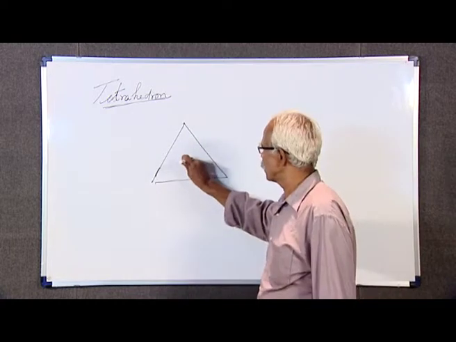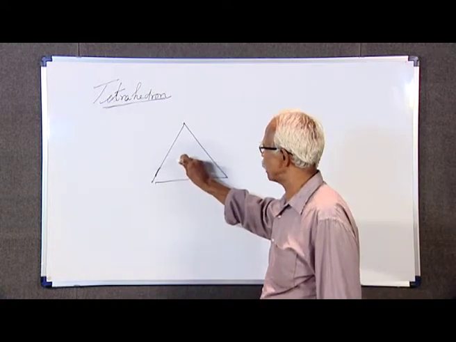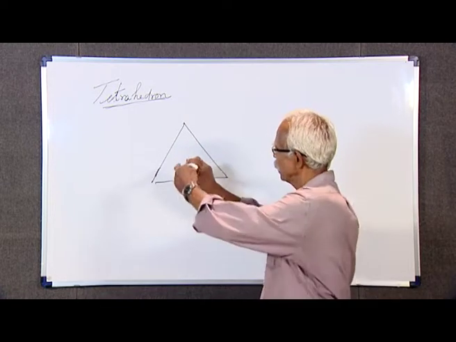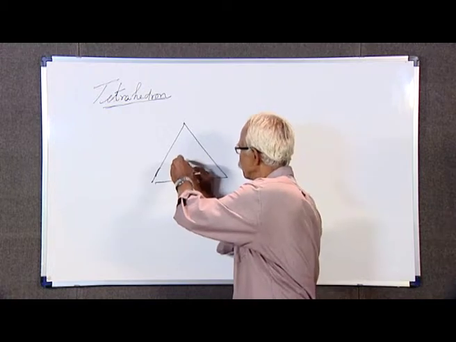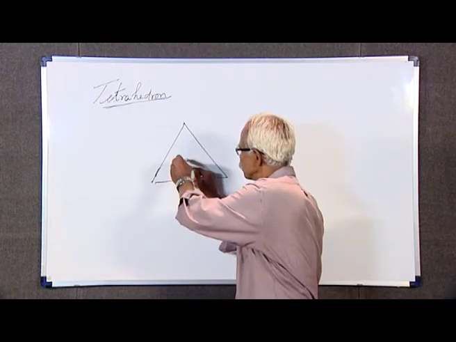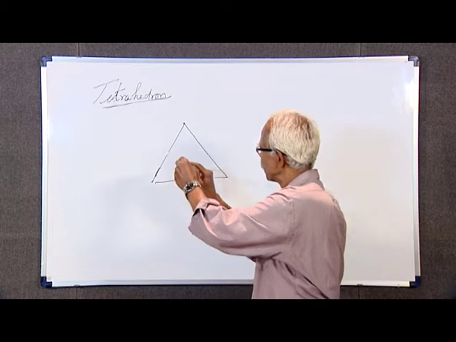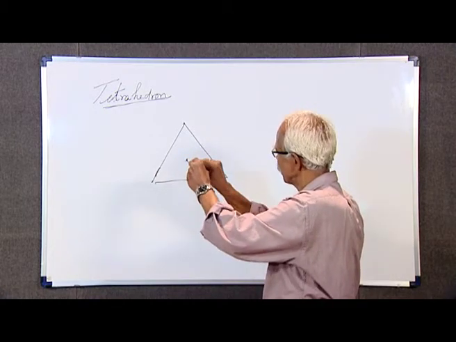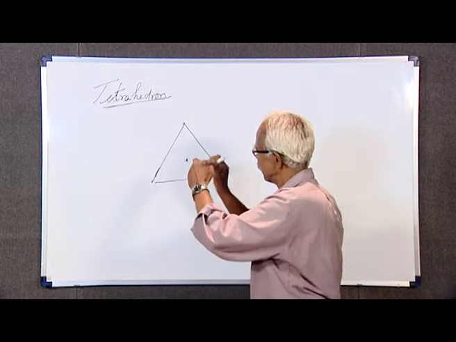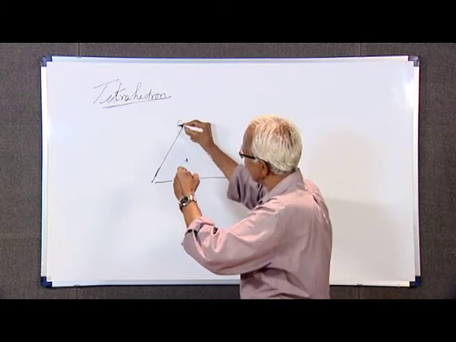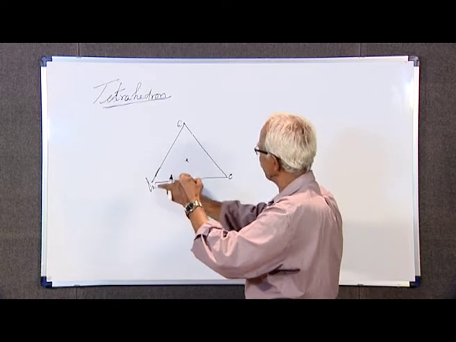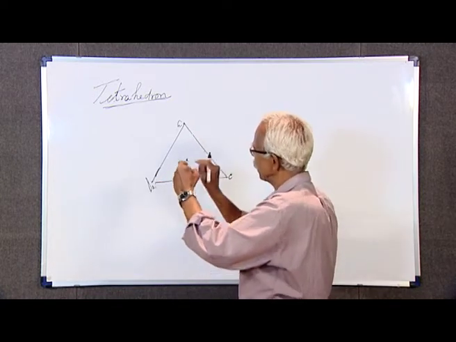then you just go this way, either this way or that way. In the opposite direction, I will go this way, perpendicular to the plane of the triangle passing through the centroid. You will develop a triangular pyramid. Say this is A, B, C. AB equal to BC equal to CA.